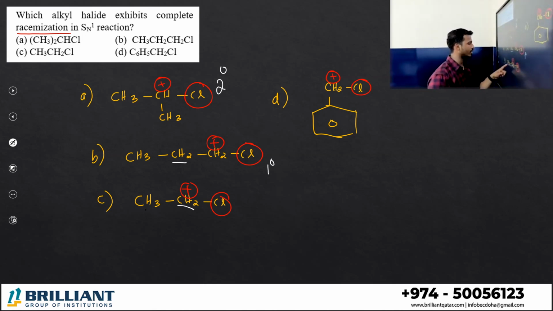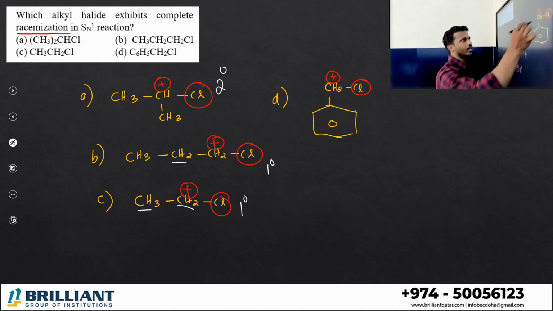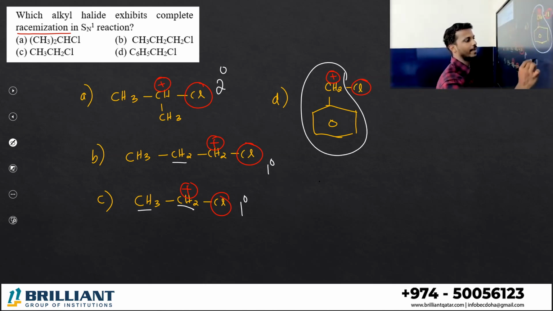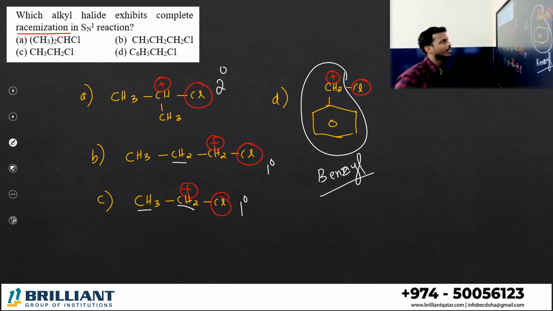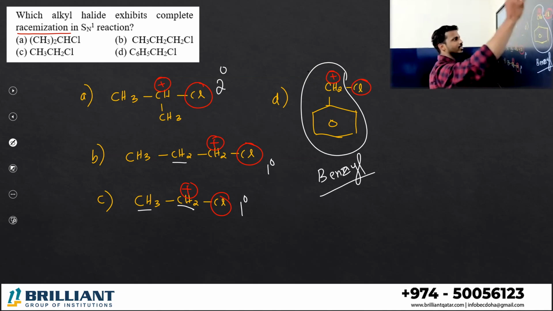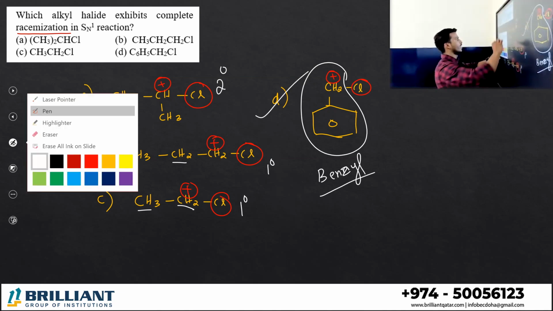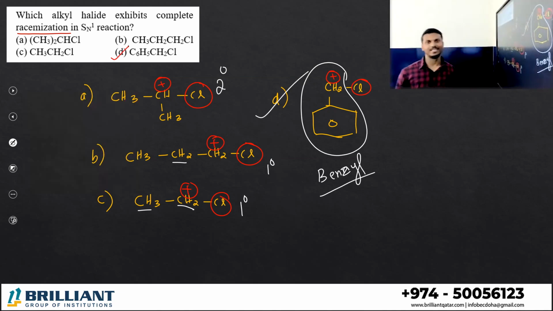Here also, connected to 1 carbon, primary. Here, which carbocation is this? Benzyl carbocation. As per the stability order which I gave, which is more stable? Benzyl carbocation is more stable. So it is ready to undergo reaction faster. Option D is the one.